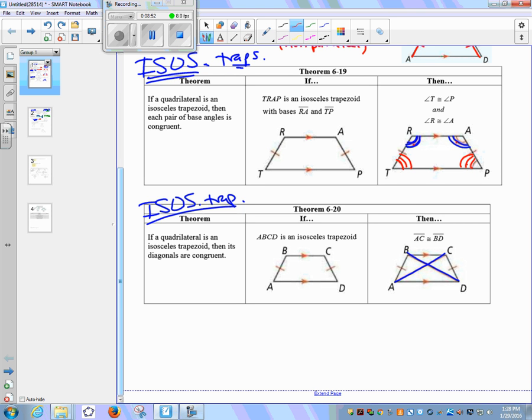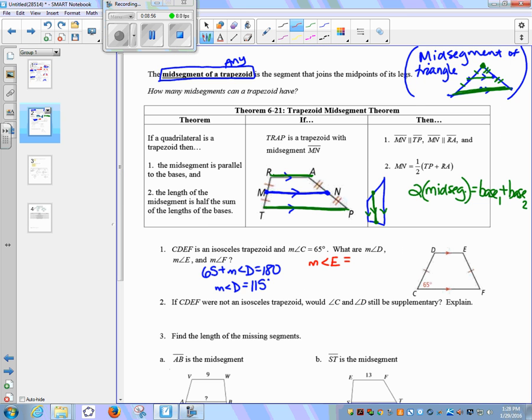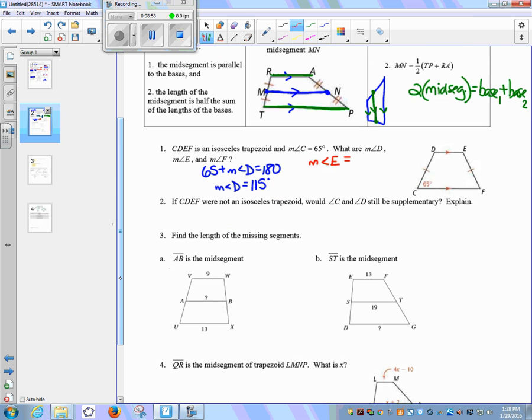So, back to this problem. If this is 115, that means this one would have to be 115. So E is 115 as well. And then F would also be 65, because of that same theorem that says base angles are congruent in an isosceles trapezoid.